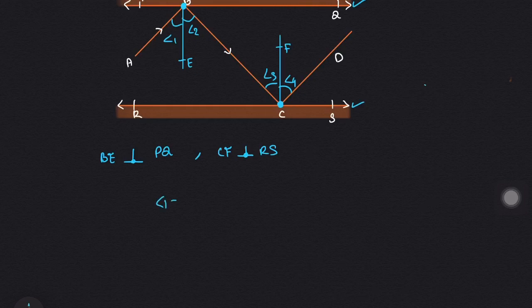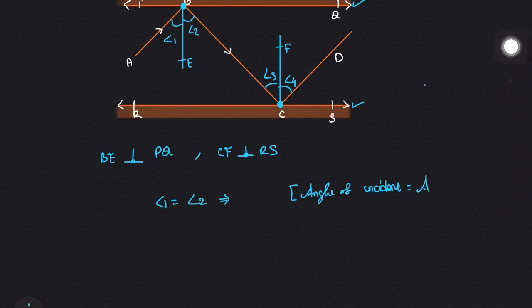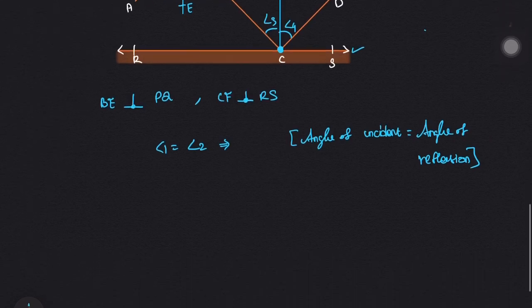Angle 1 is equal to angle 2. The reason is angle of incidence is equal to angle of reflection. Then the same condition for point C also. Angle 3 is equal to angle 4. So the same reason.